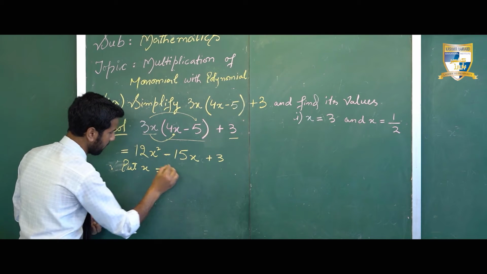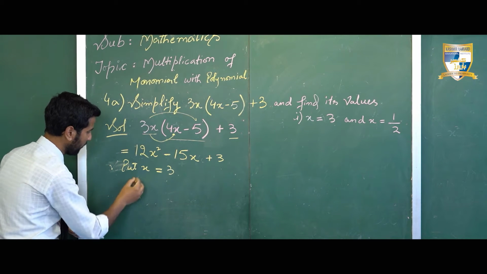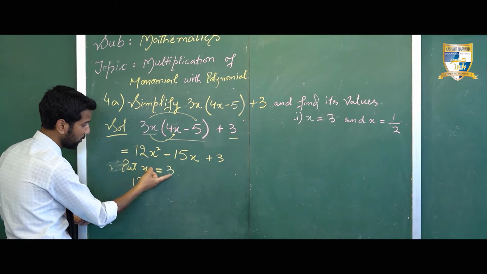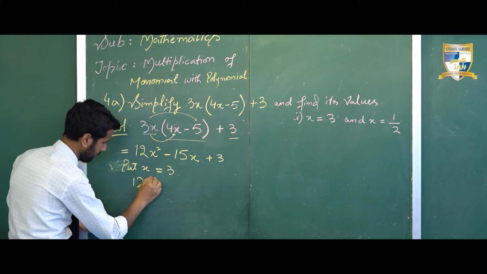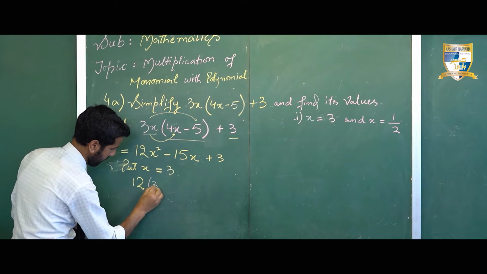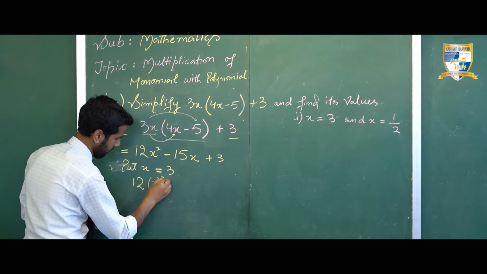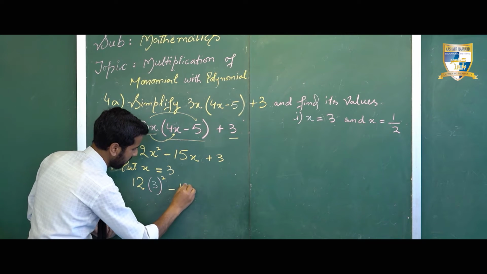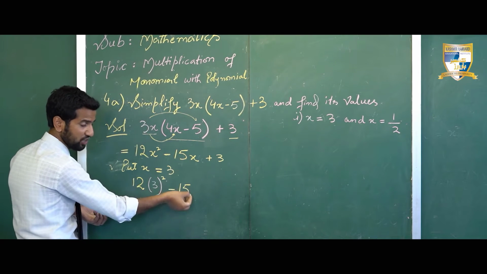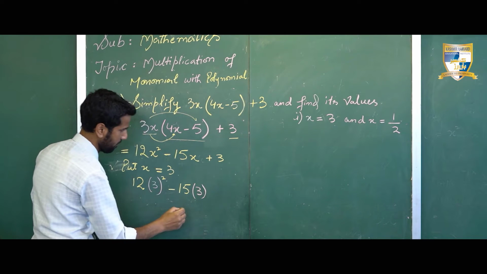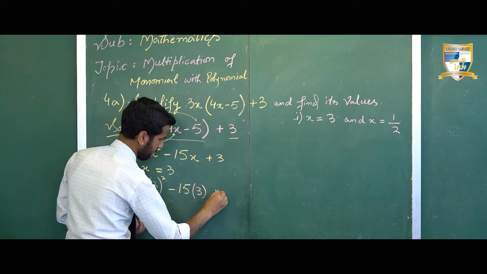Replace x with 3. So we write 12, instead of x we write 3, minus 15, replace x with 3, and then it's plus 3.